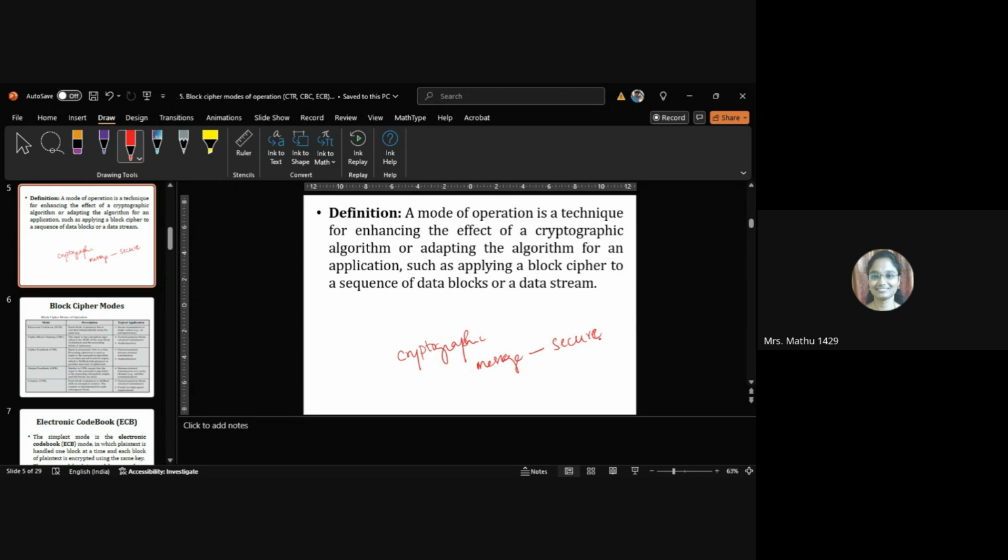To enhance the security, we need to enhance the cryptographic algorithm that we are using. These algorithms can be used for any application where we want our message to be communicated safely and securely. Most encryption algorithms use block ciphers to encrypt messages.